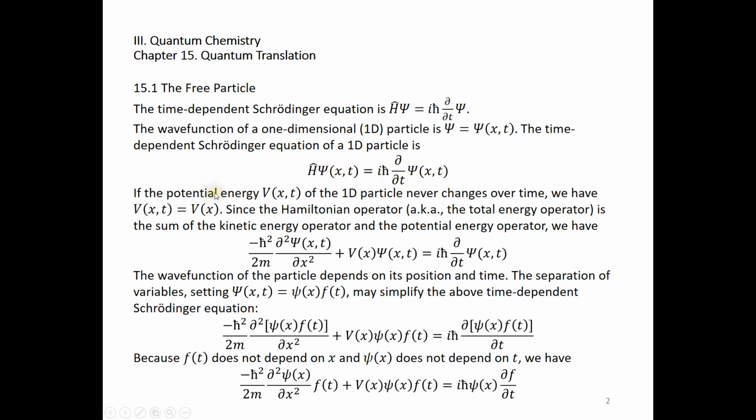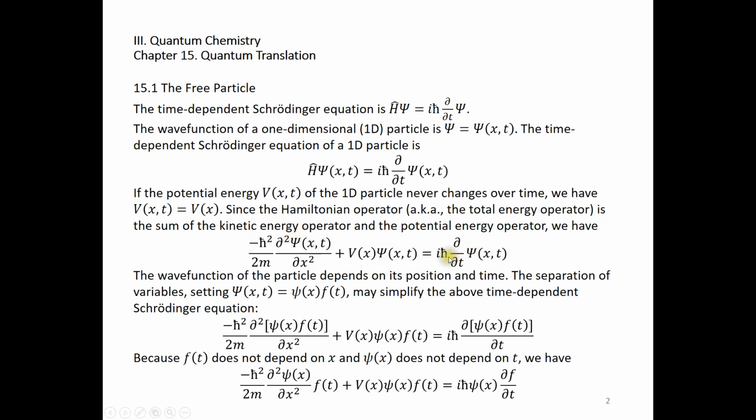But if the potential energy V of the 1D particle never changes over time, we have V(x) as the potential energy. Since the Hamiltonian operator is the sum of the kinetic energy operator and the potential energy operator, we have this equation as the time-dependent Schrödinger equation.